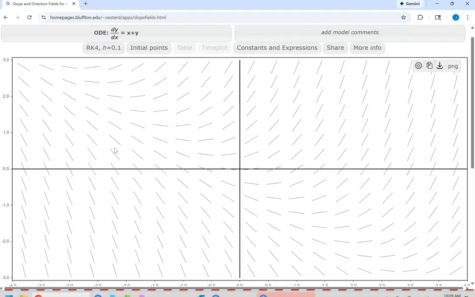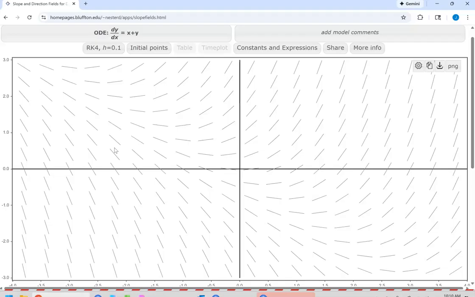All right. What is going on here? Well, remember that the differential equation is telling you what the change in the function is based on the x value and the y value. Okay? So let's see what's going on in this case. Right about here is the point (1, 1), right? If I have x equal to 1 and y equal to 1, then dy/dx should be 2.